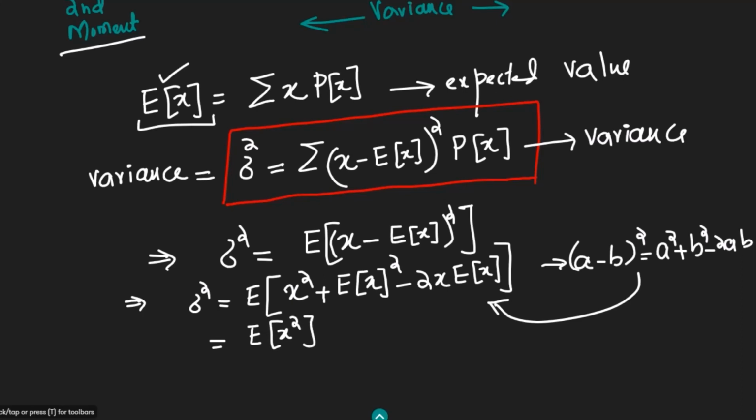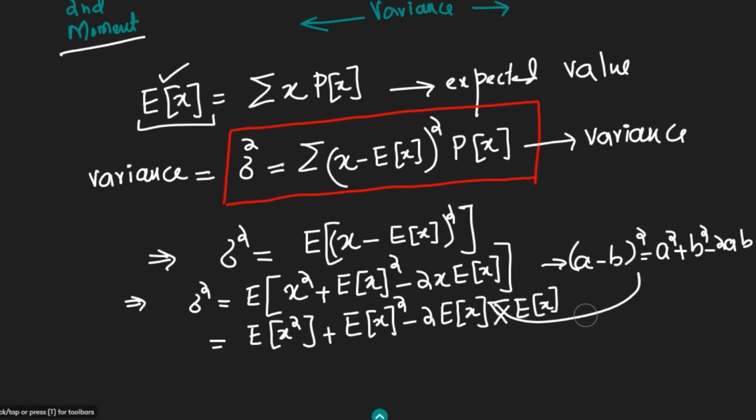We get E x square, plus the expected value of the expected value, which is again the expected value. Here E x square again, and the expected value remains the same, while x gives the expected value. So we get expected value of x multiplied by the expected value of x.